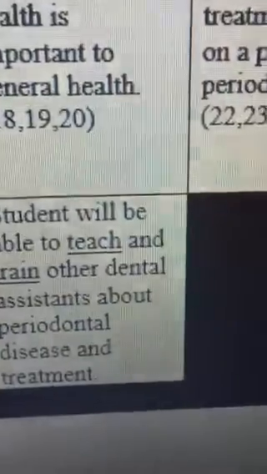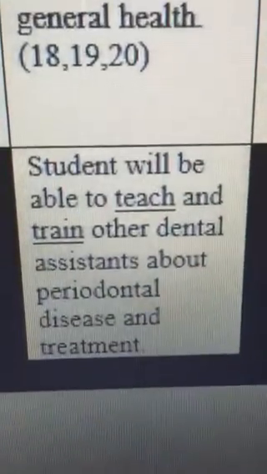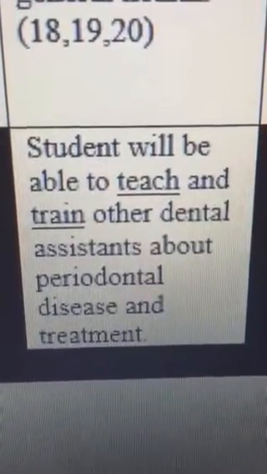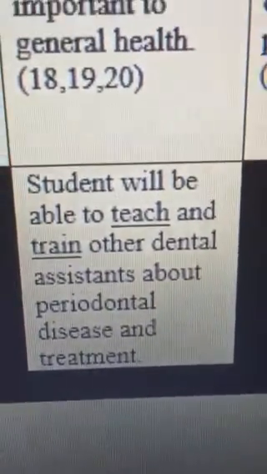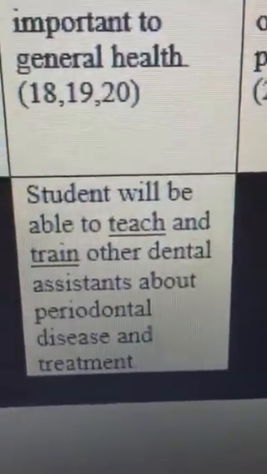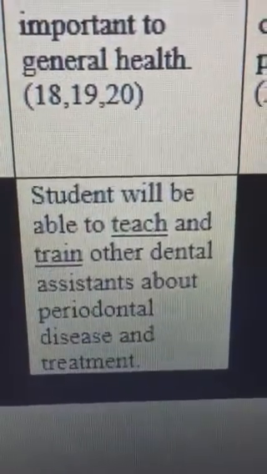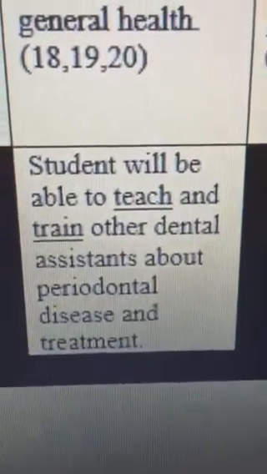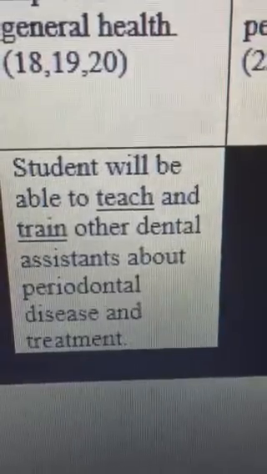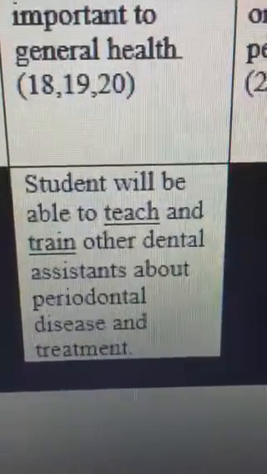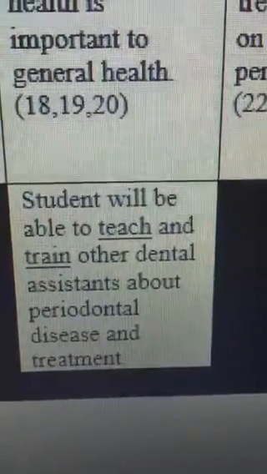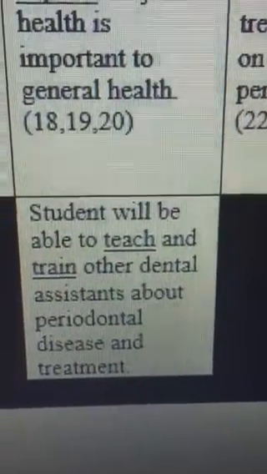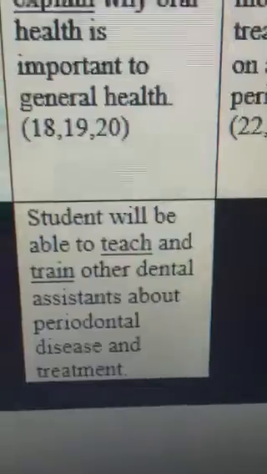I haven't included a slide number on this one because this is what I would think to be the ultimate objective of the presentation, is that they would be able to educate other staff members, patients. In order to do this, they really have to have a deep understanding of the facts, the concepts, and the procedures about how this is done.